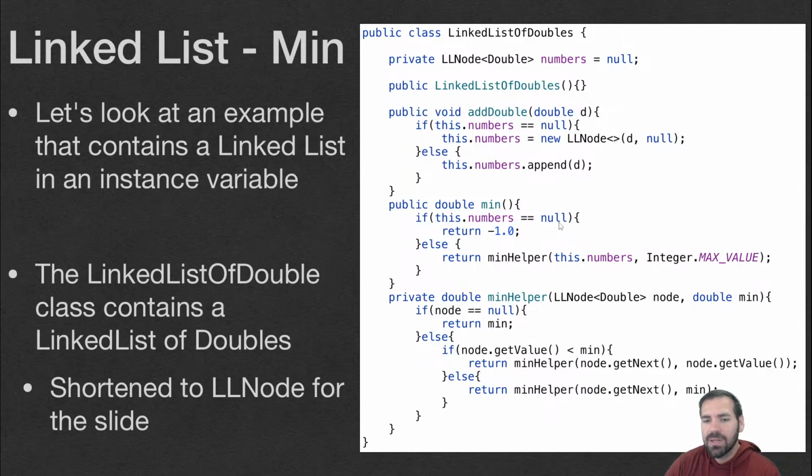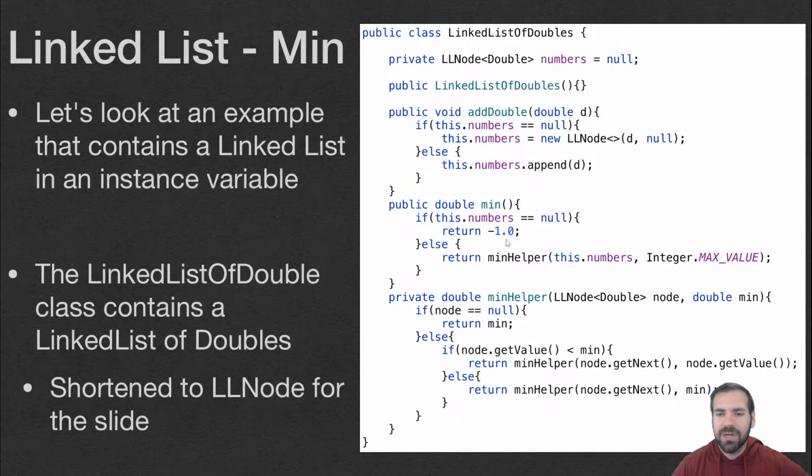We always have to have our null checks. If the list is empty, we need to return some value, and this value is meaningless here, but on the handout I have to say something like, if the list is empty, return -1, and just kind of make up some value. What should be the return value?